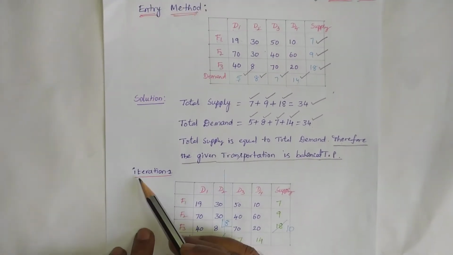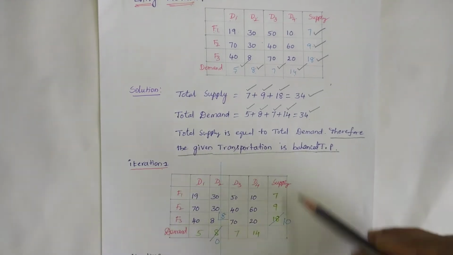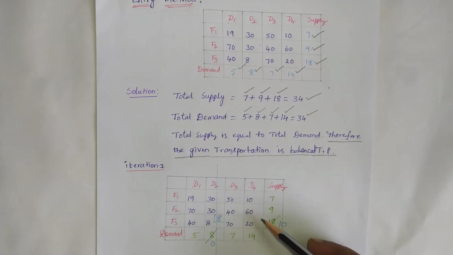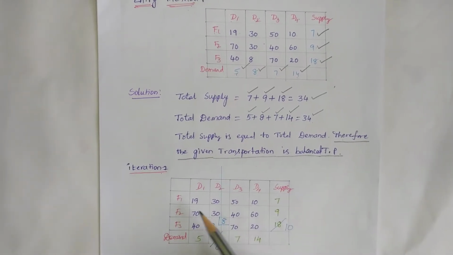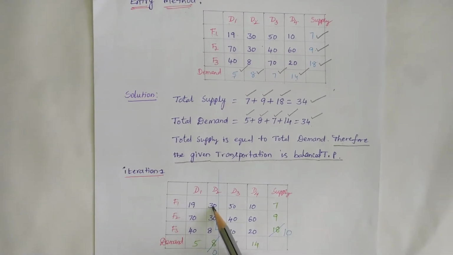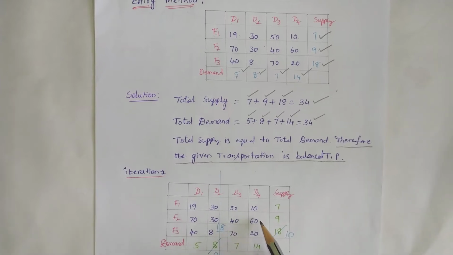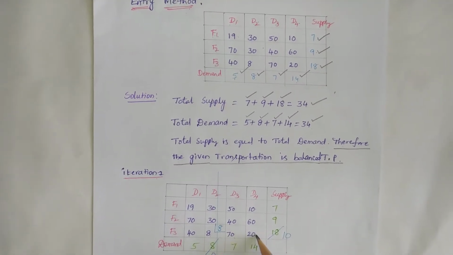So next, iteration 1. In the least cost method, we have to identify the least cost cell. The costs are 19, 30, 50, 10, 70, 30, 40, 60, 40, 8, 70, 20.